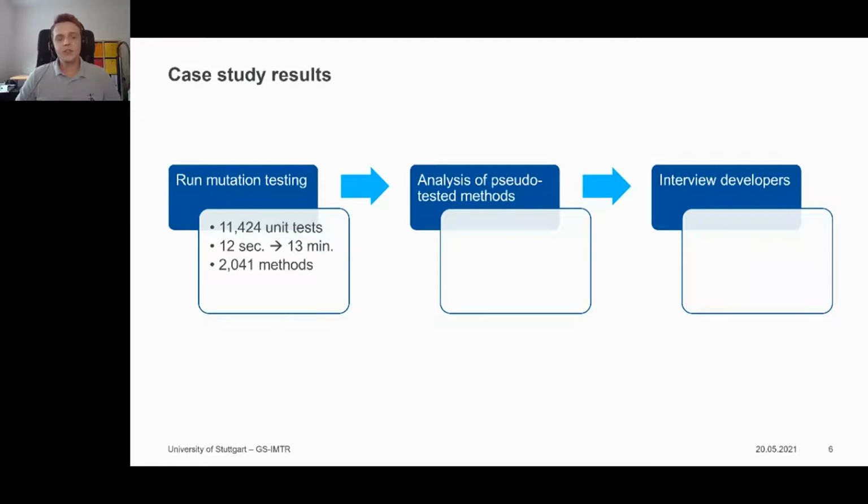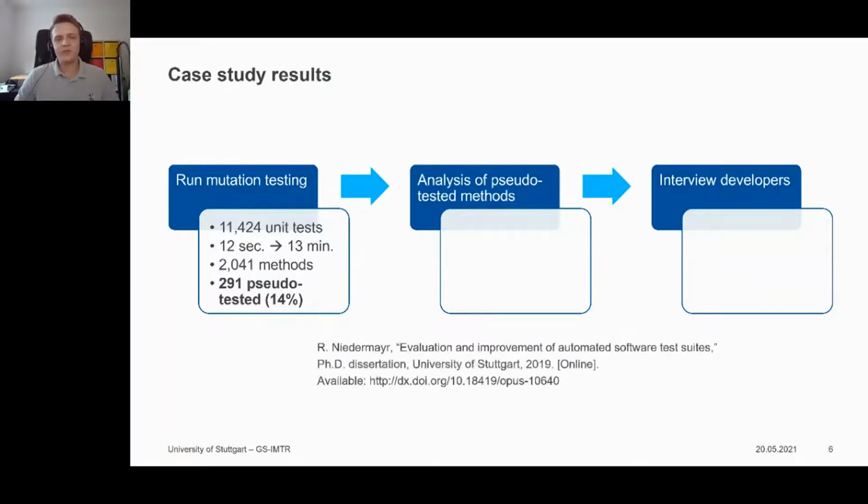And the test suite called more than 2,000 methods, and it turned out that 291 of these methods were actually pseudo-tested, which is roughly 14%. So you may ask if this is a large number or not. You may look at the work of Niedermayr, where they tested 19 open source projects, and the average percentage of pseudo-tested methods was 13.7%.